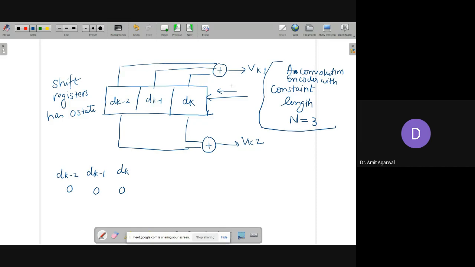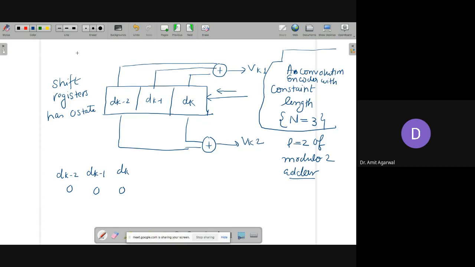And the number of modulo 2 adders is called L. We represent that this convolutional encoder has constraint length n and L modulo 2 adders. So if somebody asks what are the properties of a convolutional encoder, you should say what the constraint length is and how many modulo 2 adders there are.